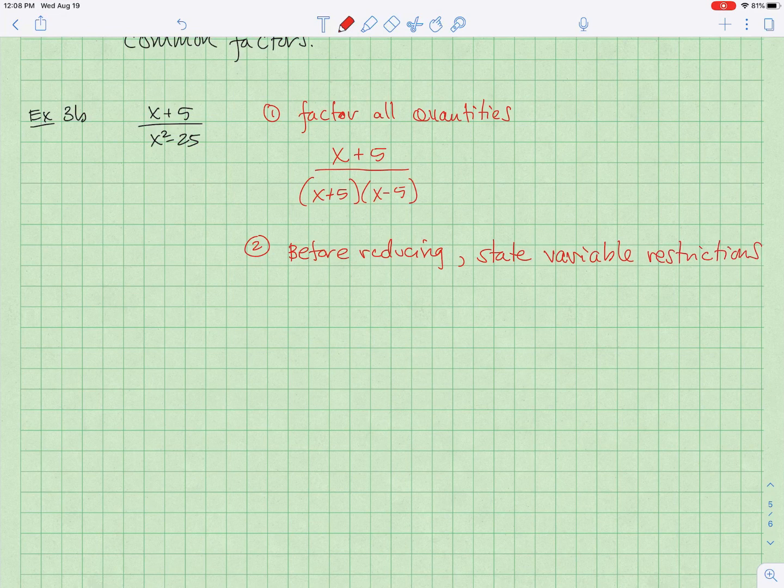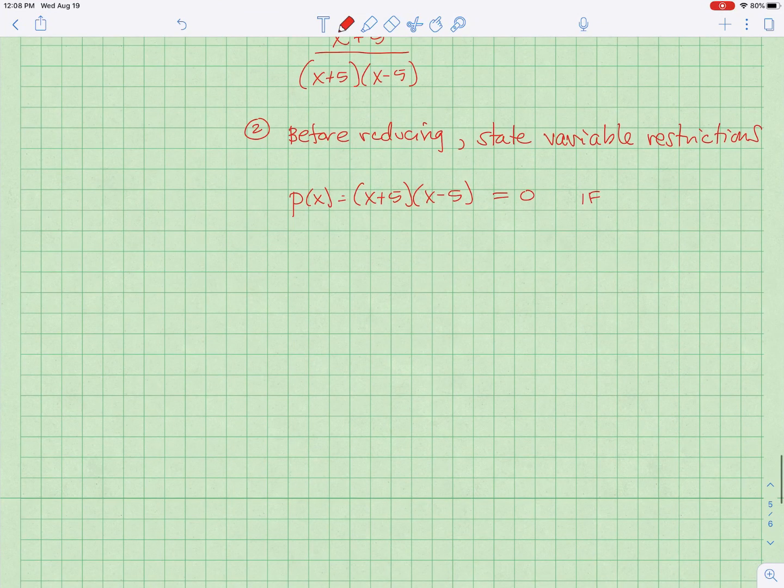All right, well, if p of x is equal to x plus 5 times x minus 5, that will equal 0 if either x plus 5 equals 0 or x minus 5 equals 0, in which case x would then be negative 5 or x would be positive 5, and our restrictions are x is not plus or minus 5.